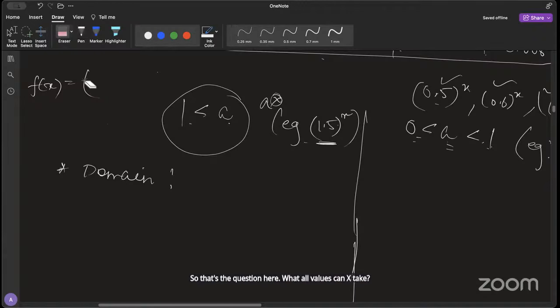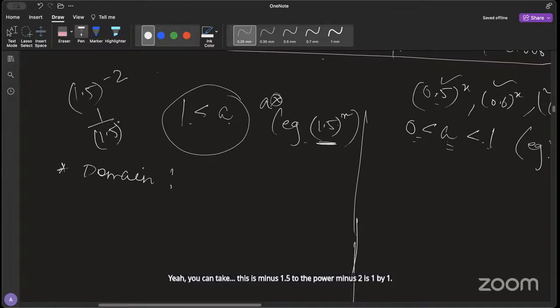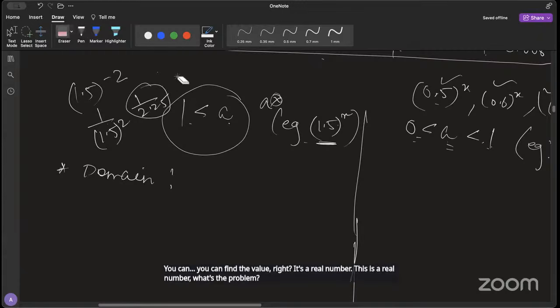All real values, ma'am. Can I take minus 2? Yeah, you can take it. 1.5 to the power minus 2 is 1 by 1.5 squared, which is 1 by 2.25, I guess. You can find the value, right? It's a real number. What's the problem?